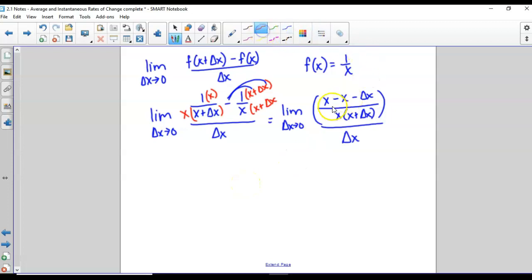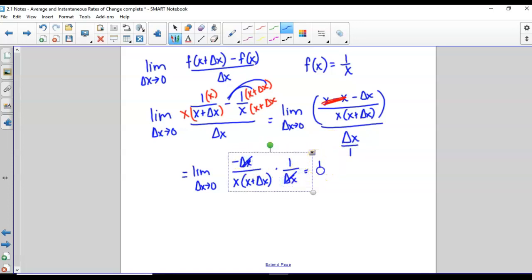And so the x's cancel right there, and dividing fractions is easy as pie, so I'll have the limit as delta x approaches 0 of negative delta x over x times x plus delta x. And that's like delta x over 1, so it's times 1 over delta x. And so those delta x's will cancel, leaving us with the limit as delta x approaches 0 of negative 1 over x times x plus delta x.